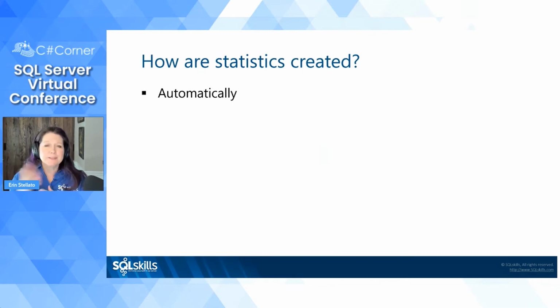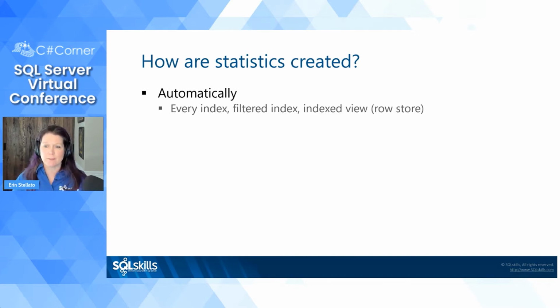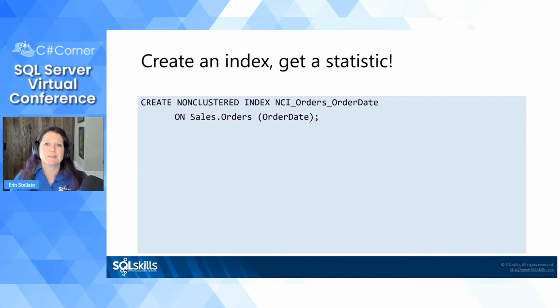Now, these stats, how are they created? There's multiple ways that they can come into existence within SQL Server. The first is automatically. Every time you create an index, every time you create a filtered index, every time you create an indexed view, you will have a statistic created. So if you look at this syntax here, create non-clustered index on my sales orders table on the order date column.